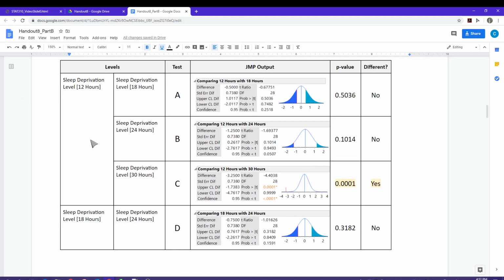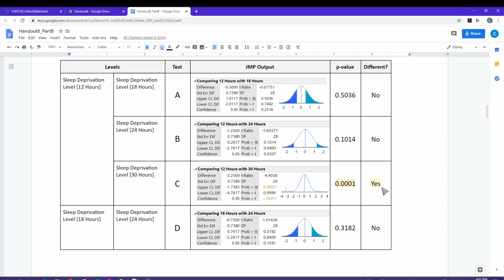When I compare 12 to 30, so both ends of that spectrum, I do have a significant difference here. So the two-sided p-value is less than 0.05. So I do have a statistically significant difference there between 12 hours of sleep deprivation and 30 hours of sleep deprivation.